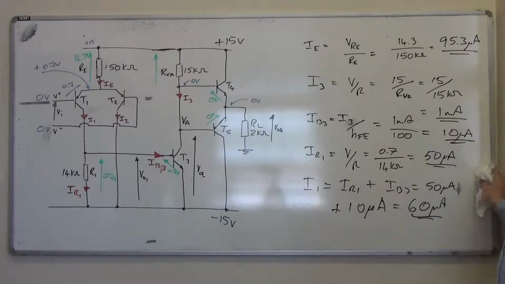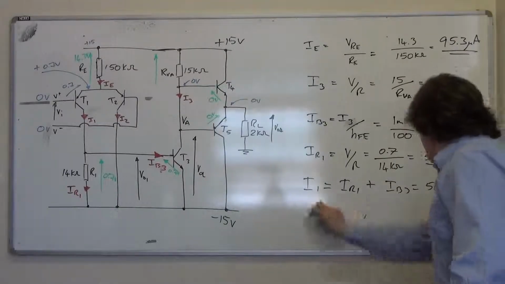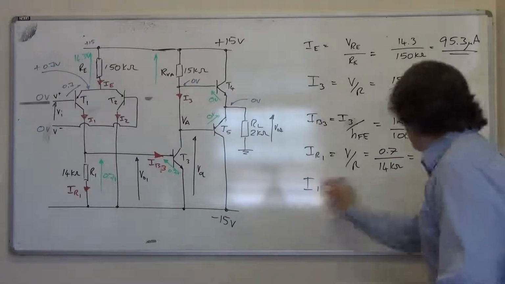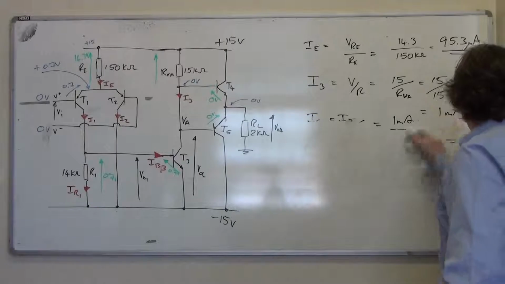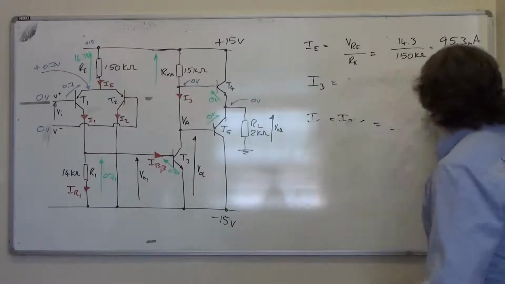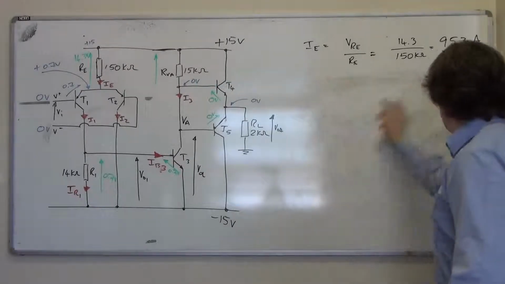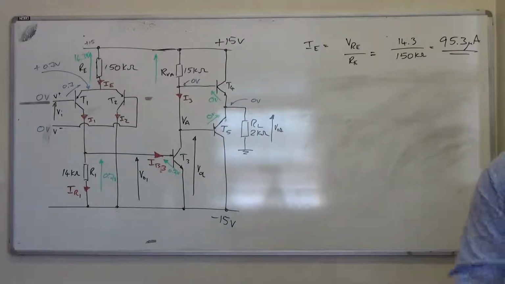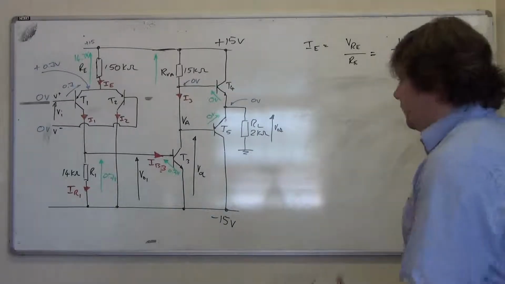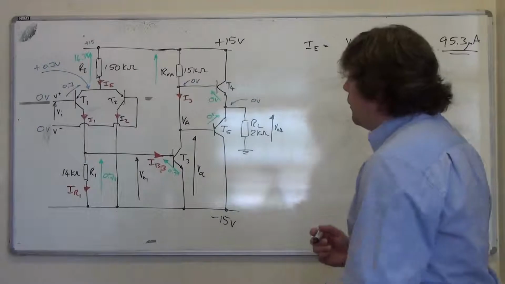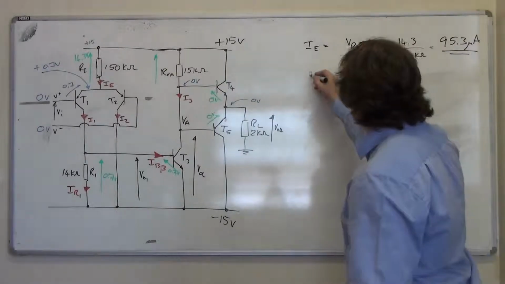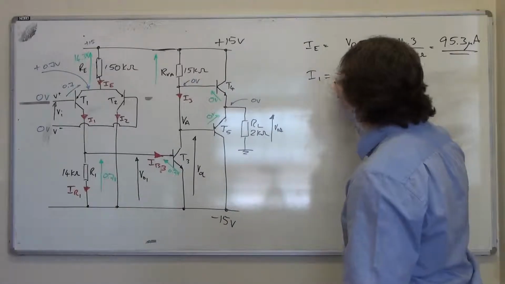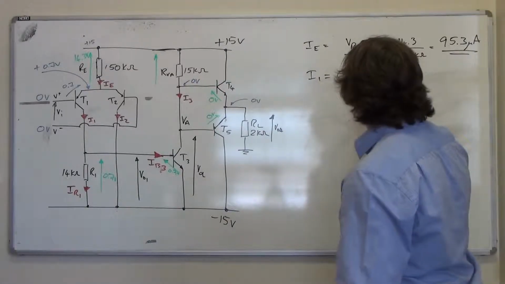We'll have to remember those, because they've got to go. What about IR2? So we know I1 is 60 microamps, which is what we just worked out.